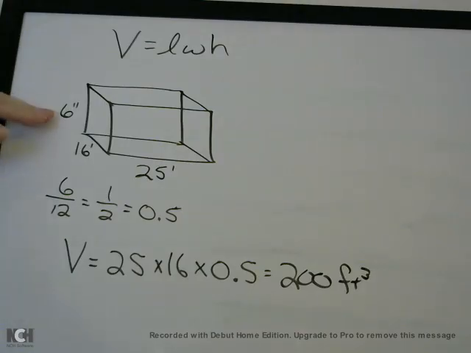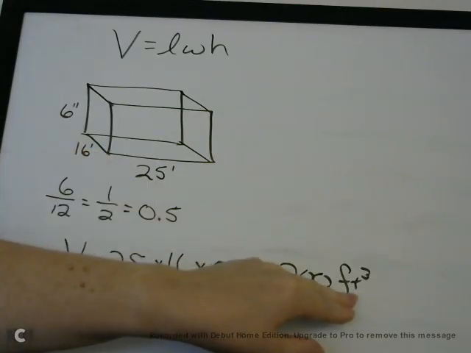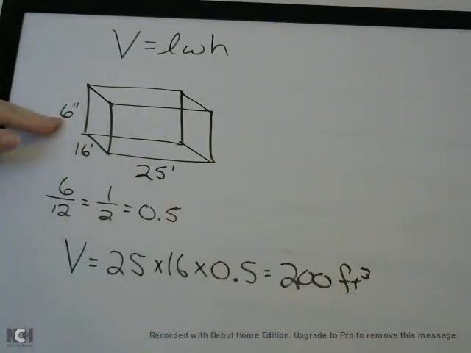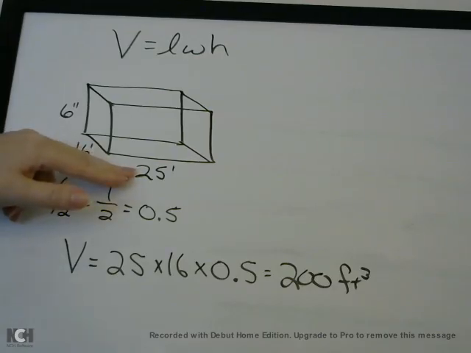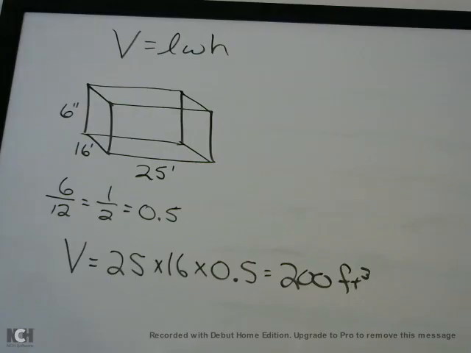Okay, so just be careful. If they start mixing units, you need to make sure they are all the same units, because remember, in the answer it's feet cubed. So if this is inches, then that doesn't make sense. Similarly, if you'd rather make all of these inches, you just multiply these by 12. So you're going to end up with larger numbers, but you'll end up with the same concept.